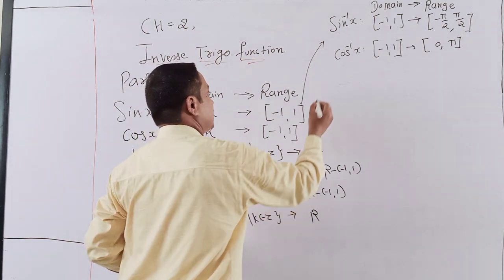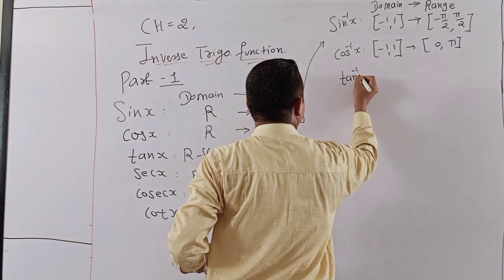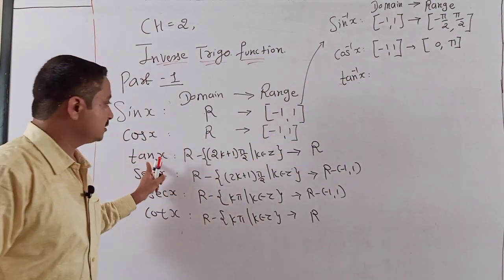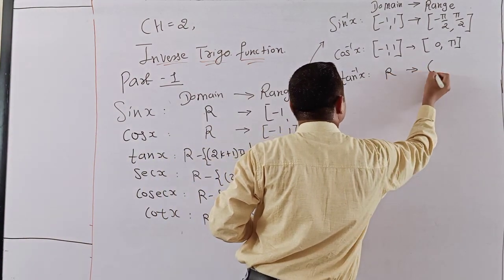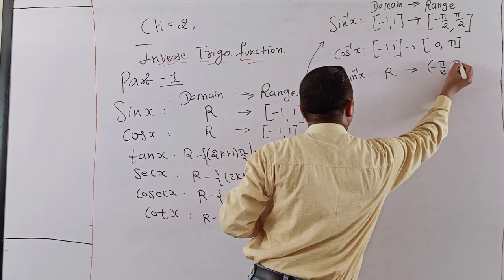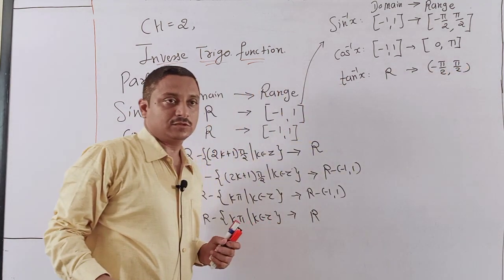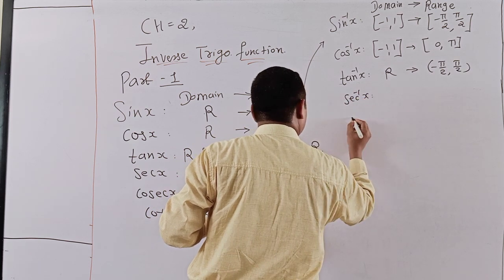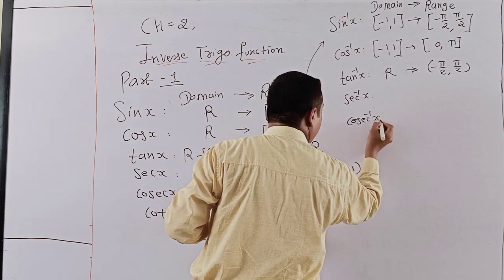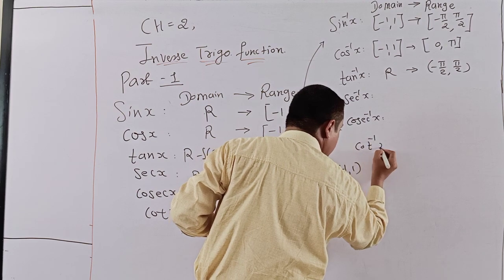Similarly, tan inverse x. Tan range is R, so this domain is R and the range is -pi by 2 to pi by 2. Next, sec inverse x, cosec inverse x, and finally cot inverse x, students.